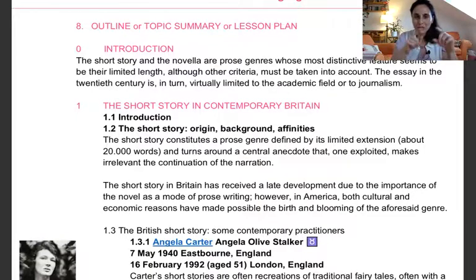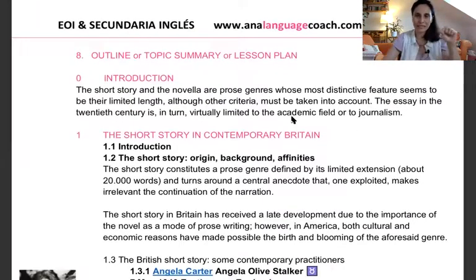So remember, this unit 57 is about the short story and the novella, which are prose genres. Remember, this is a typical word that for us, Spanish teachers and Spanish speakers, we kind of confuse with genders. So be careful with genres.